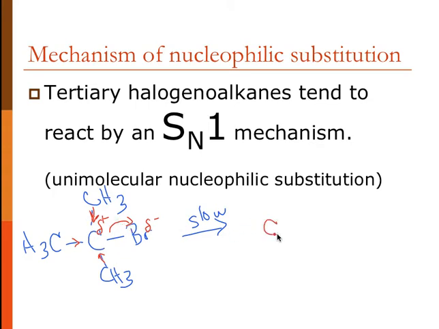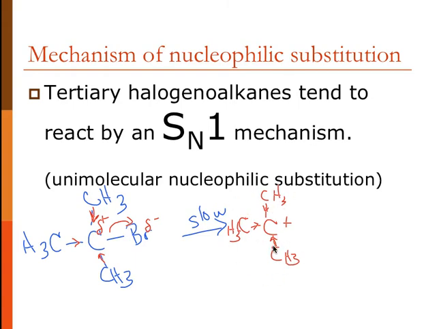So that when I do form this carbocation, with this little plus charge here, it's the ability of these electron clouds to kind of not make this a full positive.